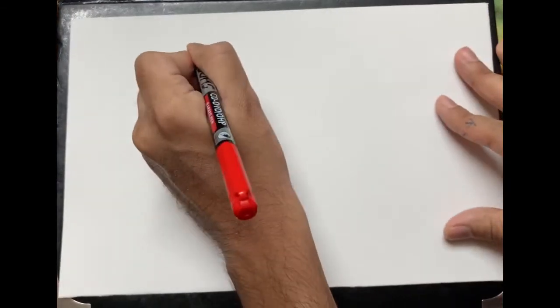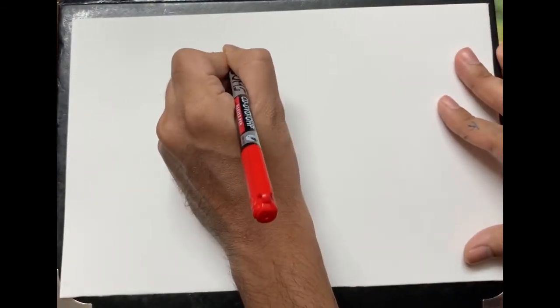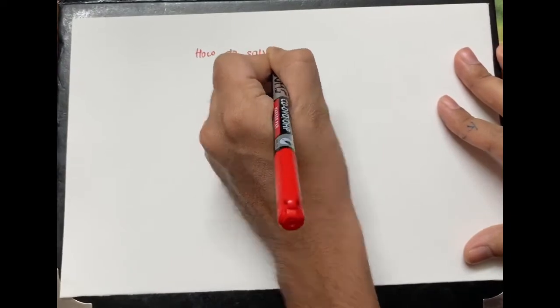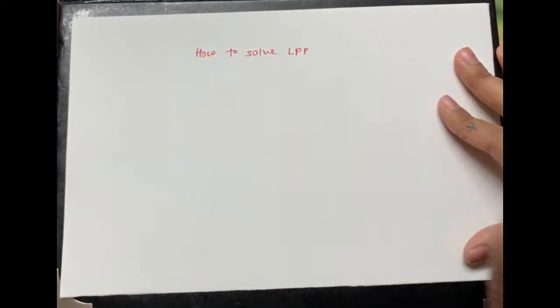Moving forward, now we have to discuss how we can solve the mathematical equations formed from the descriptive information. So the second part is the solution of the mathematical equations, which relates to how to solve a linear programming problem.